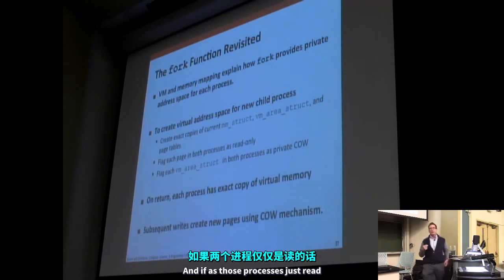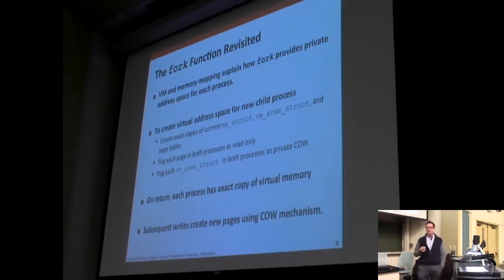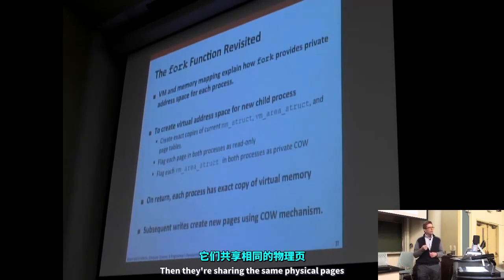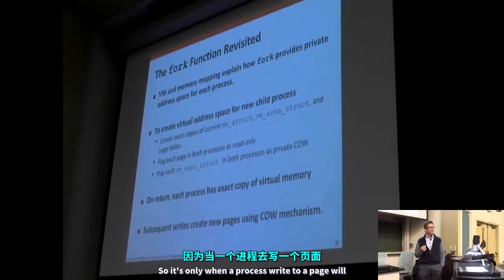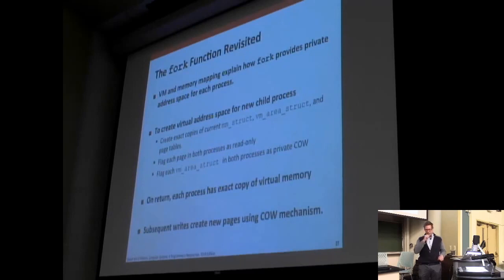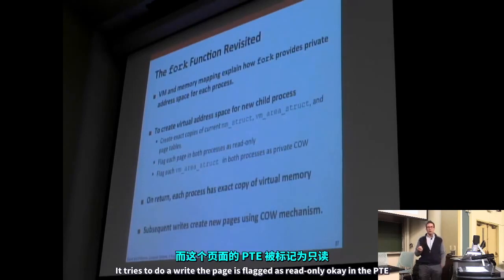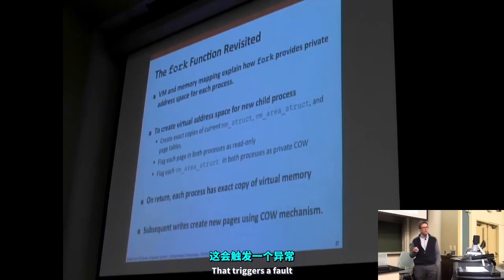We've made copies of the page tables and all of the other structures, and as long as those processes just read, they're sharing the same physical pages. It's only when a process does a write that the system will create a new page, using this copy on write mechanism. When a process tries to do a write, the page is flagged as read-only in the PTE. That triggers a fault.